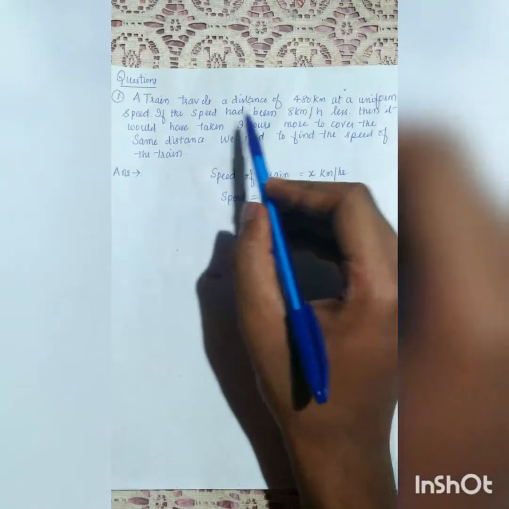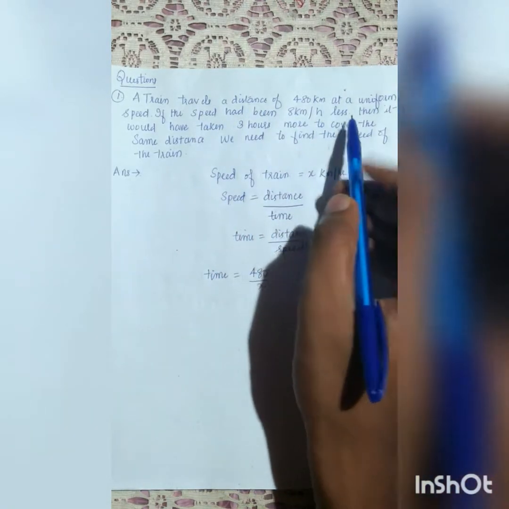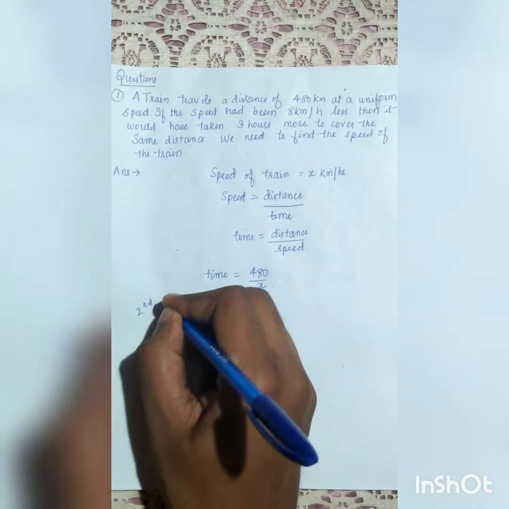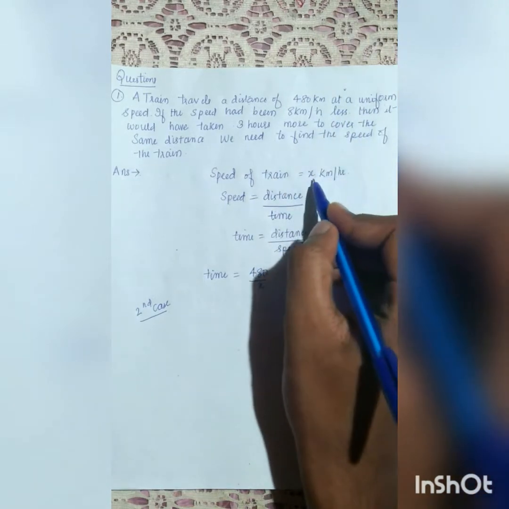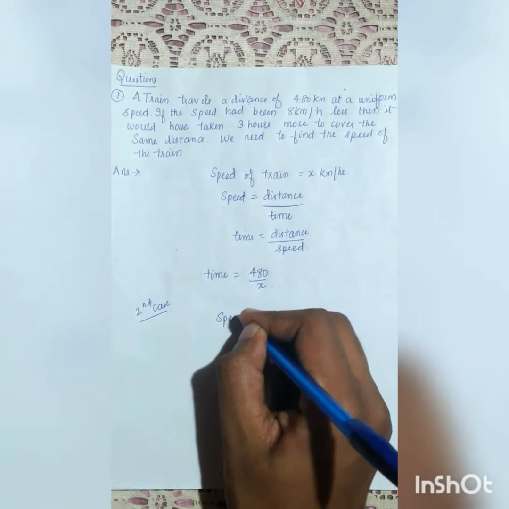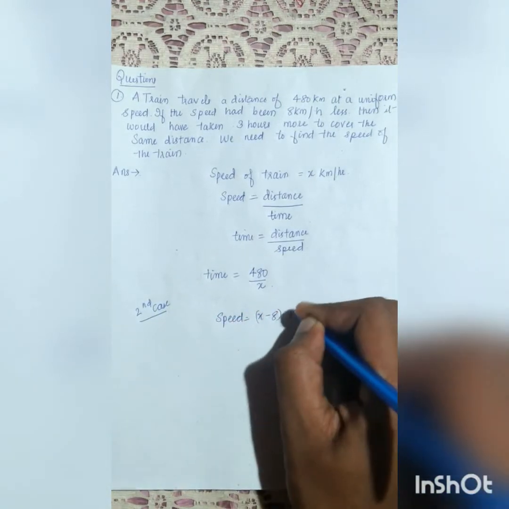Now we have been given that the speed is 8 km less in the second case. So we reduce 8 km from the speed, and the speed will now be x minus 8 km per hour.